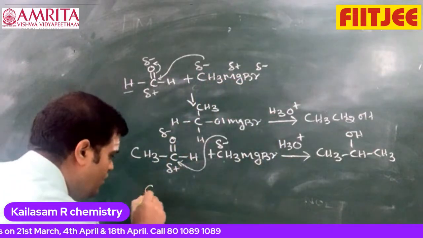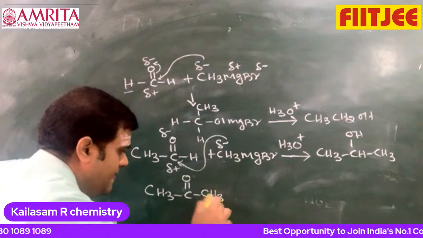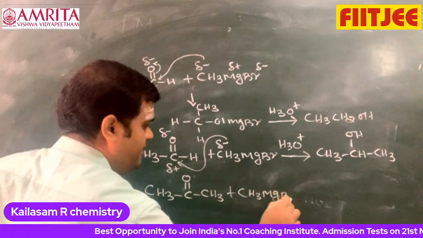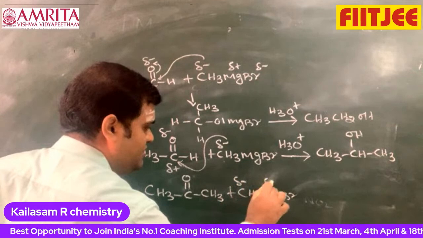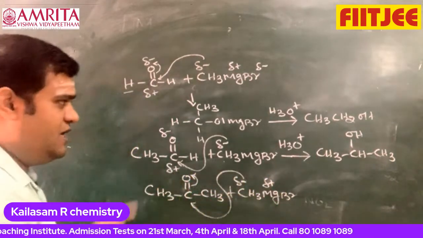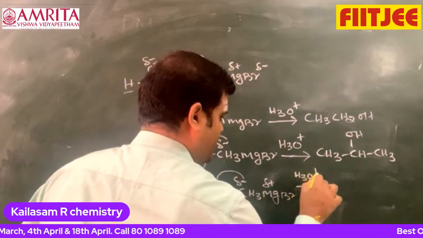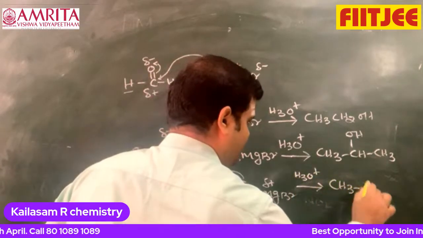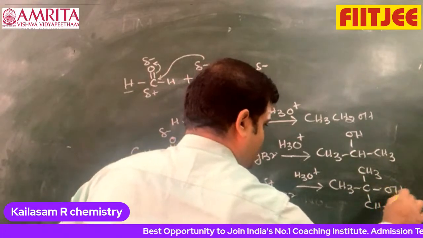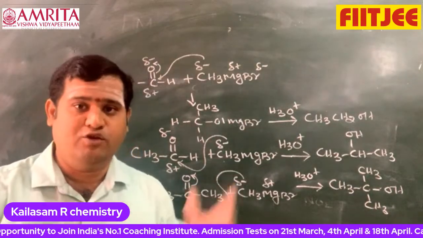If I use a ketone, the same thing: I use CH3MgBr, delta minus attacks delta plus, the bond breaks, followed by H3O plus, and I get (CH3)3C-OH. This is the preparation of aliphatic alcohol using Grignard reagent.